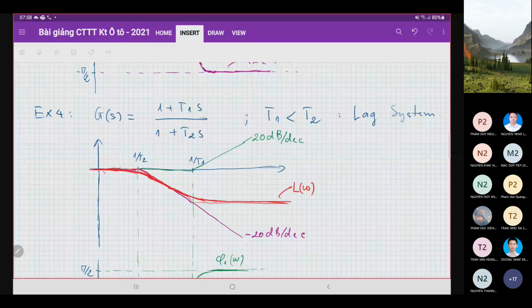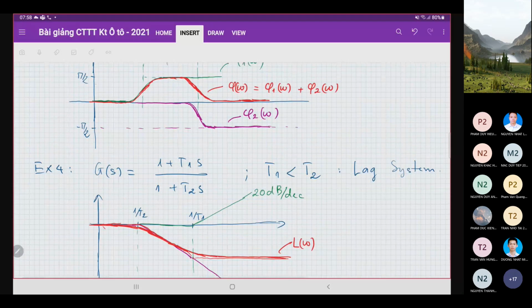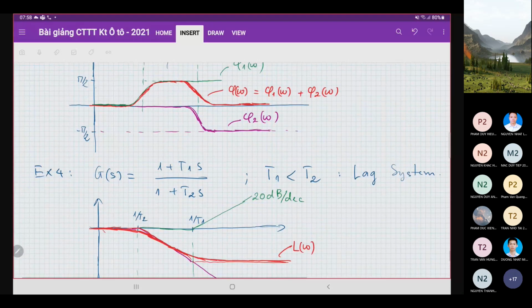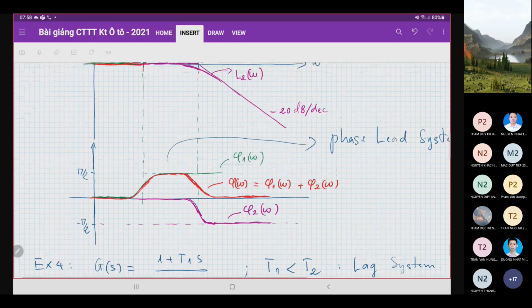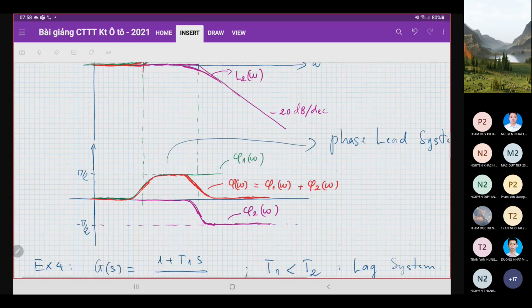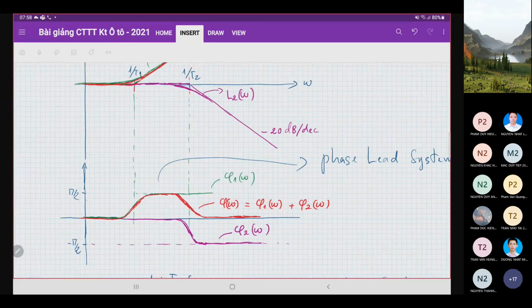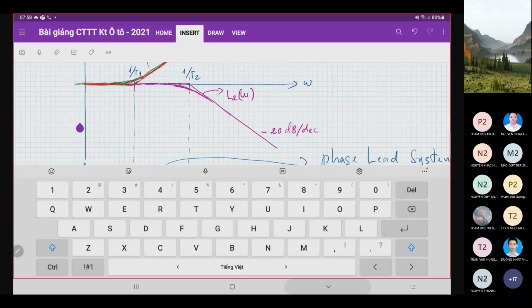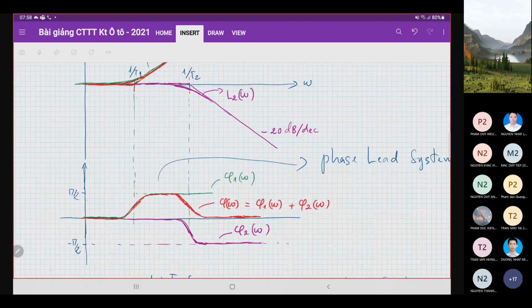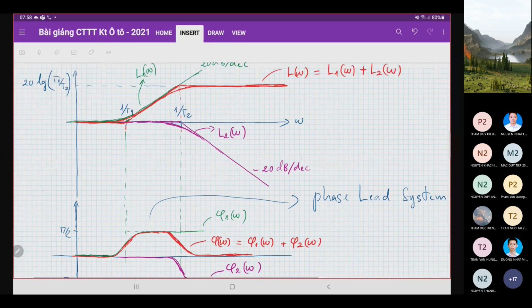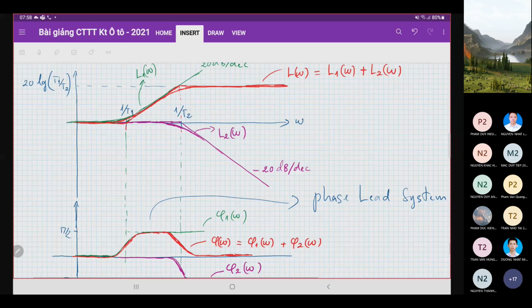You can easily verify this diagram with a MATLAB function. You can simulate the input signal and change its frequency, and you can see the amplitude of the output signal will change according to this diagram.